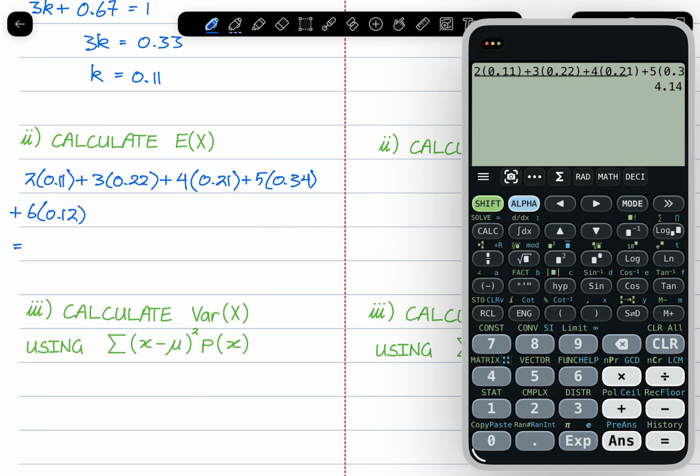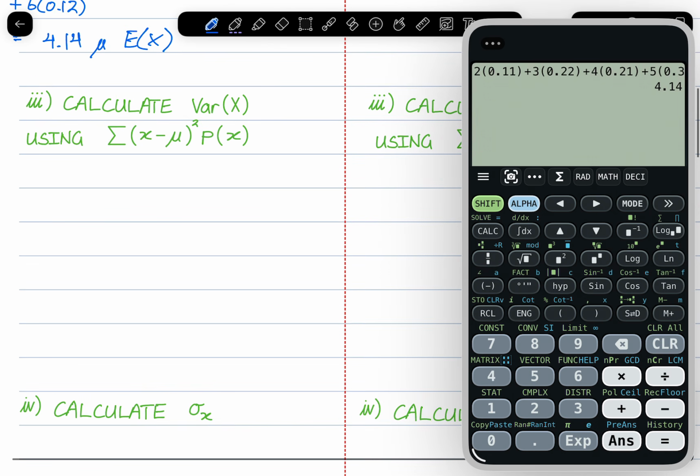If I had mistyped anything, please understand that we're literally just following the formula of typing these all in. I'm confident that I typed these all in correctly. And we get an expected value, or a mean, of 4.14. And that is our mean or expected value.